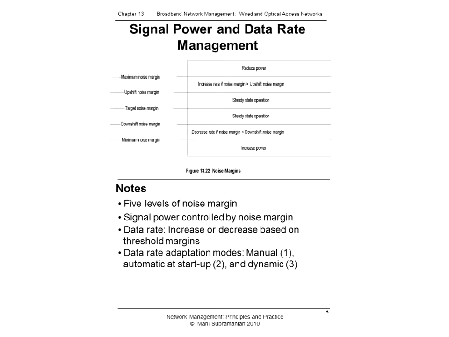So we set a threshold value, and whenever that threshold value is exceeded or whenever it is below the lowest level, then it increases or decreases the data rate. And the data rate adaptation modes include manual, automatic, and dynamic.